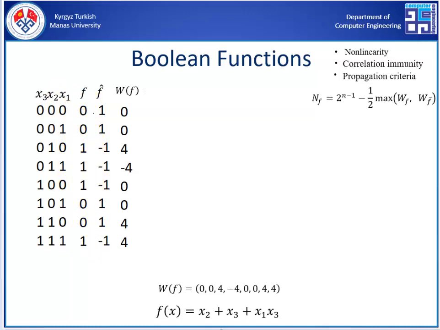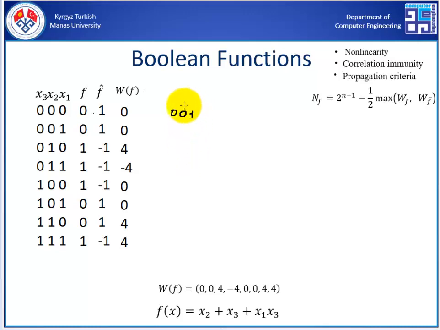How do we calculate if a function satisfies some degree of propagation criterion? The main point here is that we need to complement one bit. For example, suppose that we are trying to complement the bit x1, then our first input is going to be not 0, 0, 0, but 0, 0, 1.